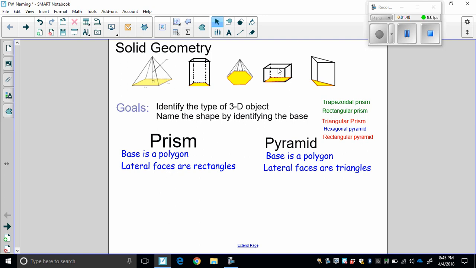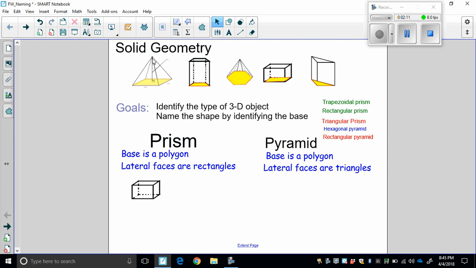So the easiest one to think of for a prism is this right here, a rectangular prism. As you see up here, the base is a rectangle, and the faces, basically the sides, which lateral faces mean sides, are all rectangles, so it's a prism. I think an easier way to distinguish a prism from a pyramid is to look for an apex or a point.